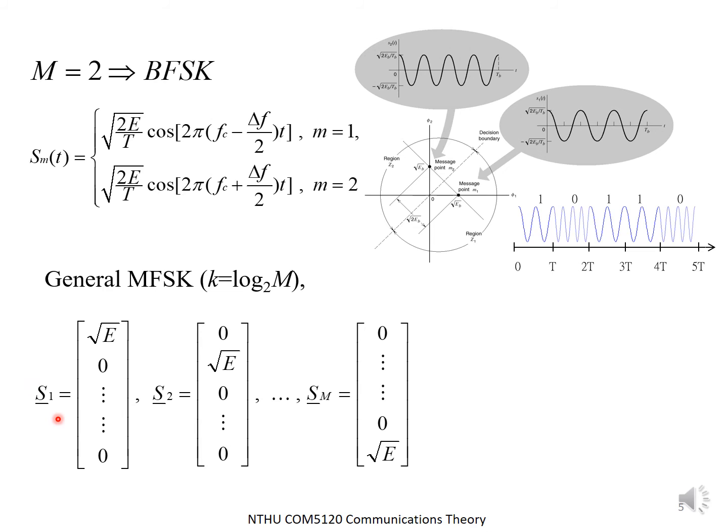Vector S1 for signal S1(t), vector S2 represents signal S2(t), and so on. We have M different symbols, and each symbol represents k bits.